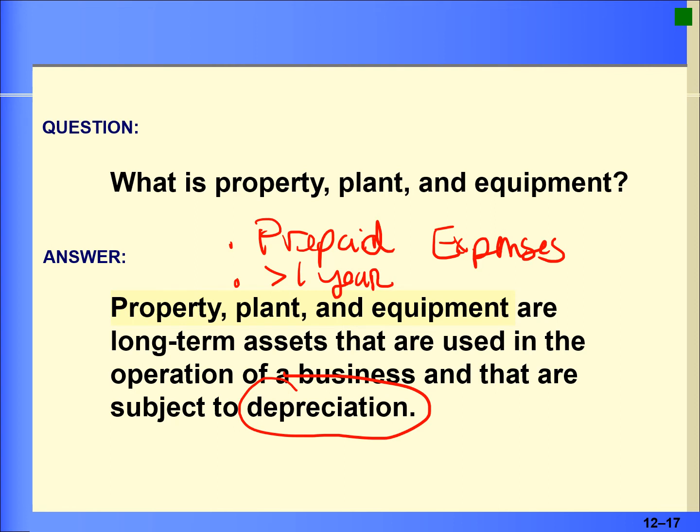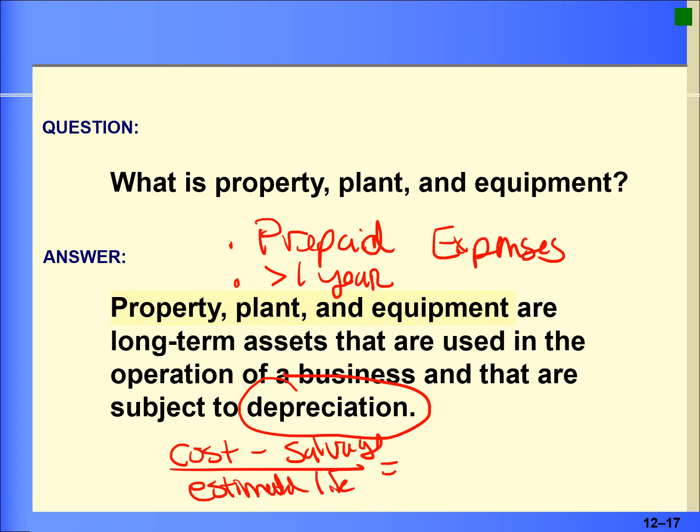I believe the method that we're doing is straight line method, where you take cost minus salvage value, and you divide that by the estimated life of the asset, and that's going to be your depreciation expense adjustment.